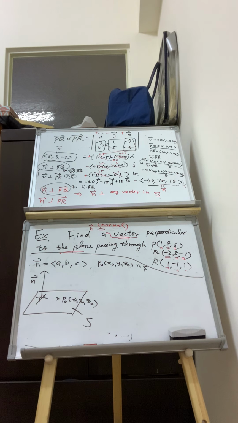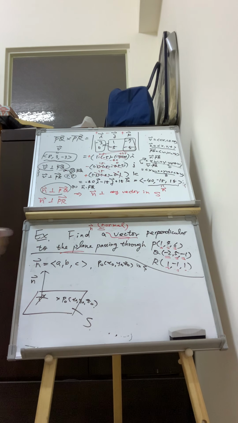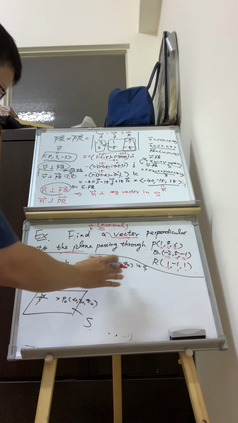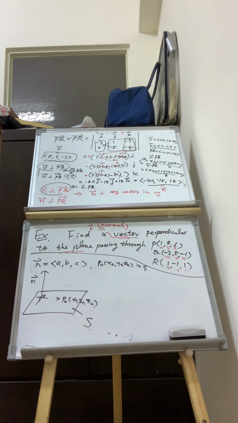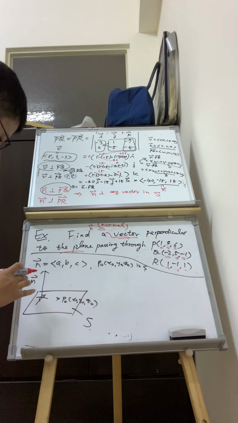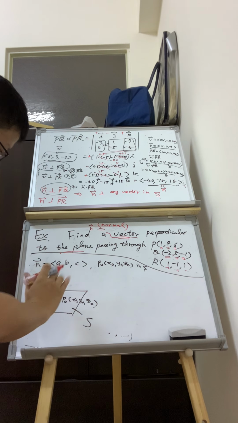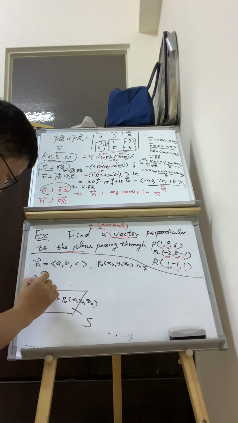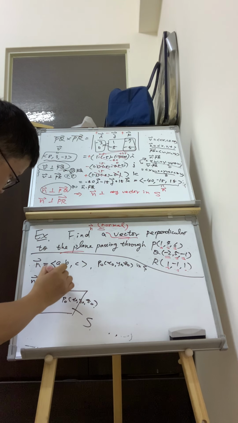Once I give you a vector perpendicular to the plane S, and a point P0 in the plane S, then we could characterize the plane S. For this normal vector, we could move it in parallel, so we could let its initial point be over here.